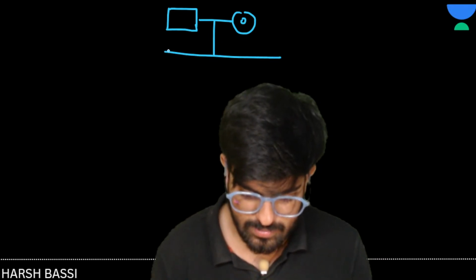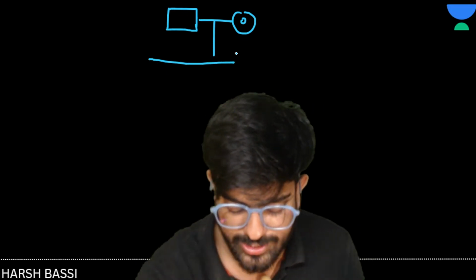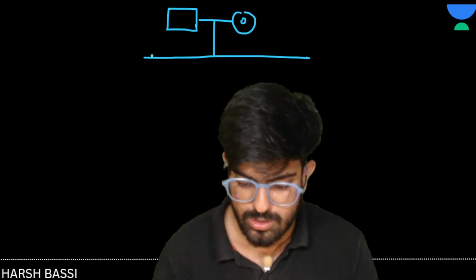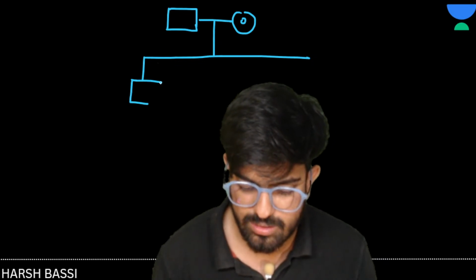We have this and this. Okay, and then we have, I hope someone gives me the magical power to draw straight lines and make good drawings, so that my notes will look aesthetic, right?